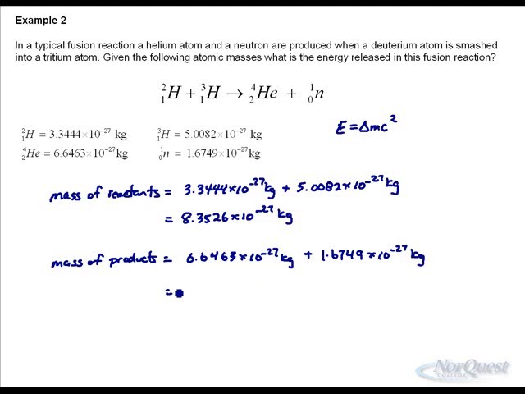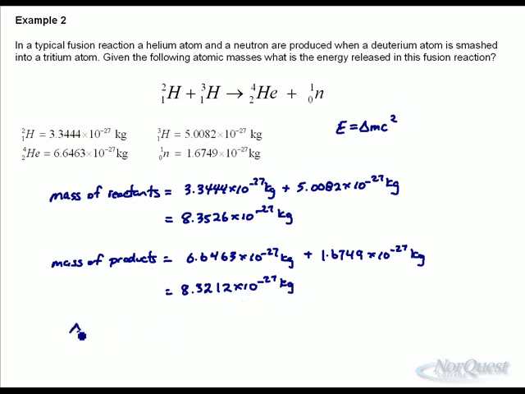Adding 6.6463 exponent negative 27 plus 1.6749 exponent negative 27 gives you 8.3212 times 10 to the negative 27 kilograms. Again, I probably did this right because my reactant mass is slightly bigger than my products.